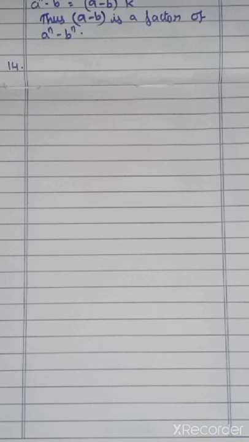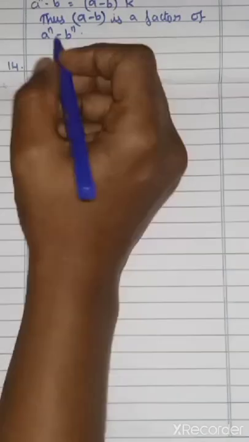Now 14th question. If the binomial coefficients of 3 consecutive terms in the expansion of (a plus x) power n are in the ratio 1:7:42, using that we are going to find out n. So here what is given?